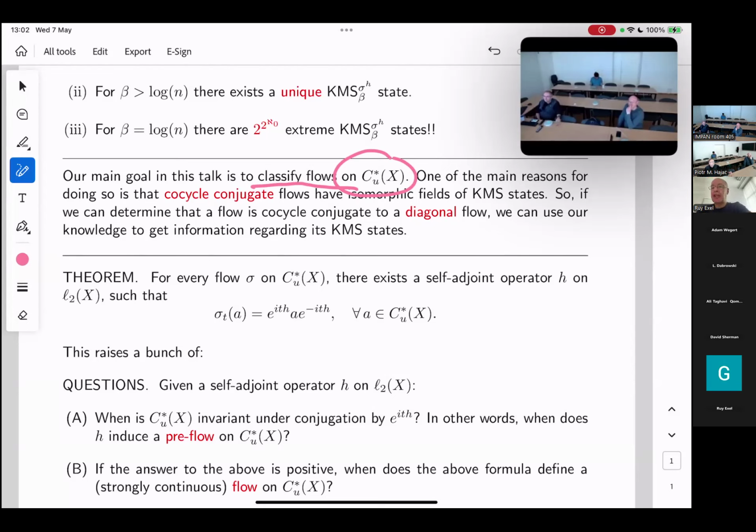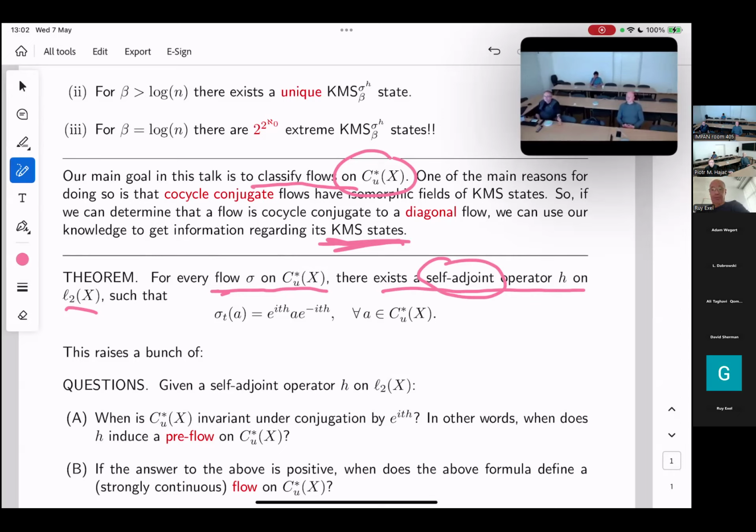So the justification is related to KMS states, so that's going to come later. The first point is that if sigma is any given flow, then there always is a self-adjoint operator H on L2 of X. From now on, self-adjoint is always going to be possibly unbounded, densely defined self-adjoint operator.